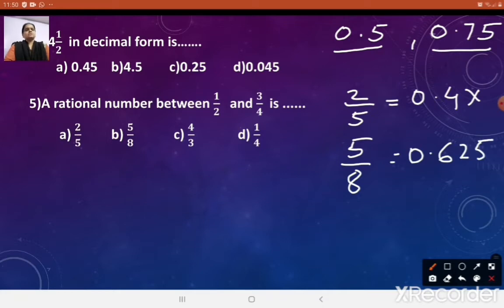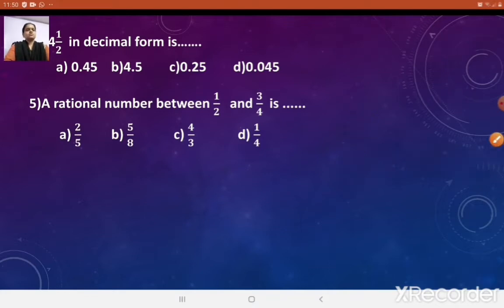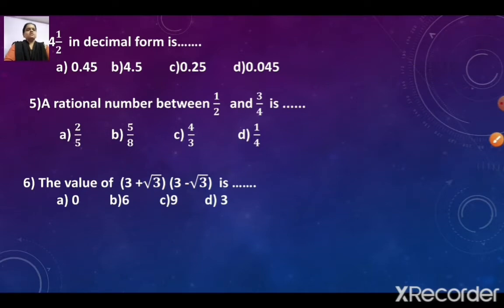So now you can see it is 0.625. Does it lie between 0.5 and 0.75? Correct. So our second option is correct. No need to check the third and fourth. If you want, you can check them, but definitely you will not get the correct option. Okay. So our option here is 5 by 8.